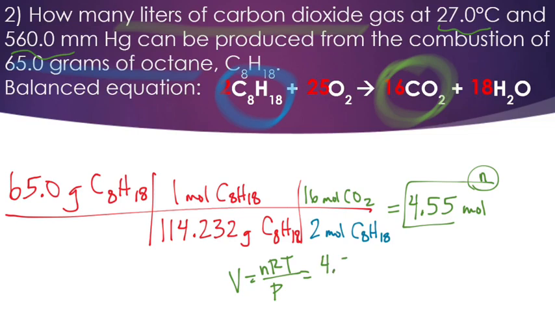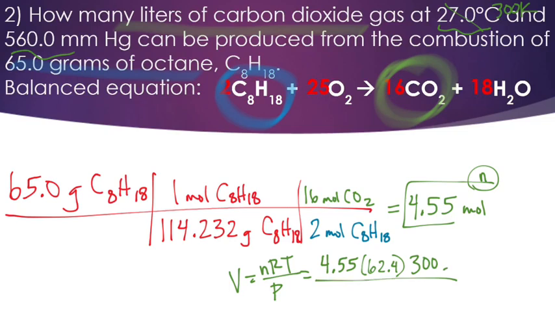So we're going to put that 4.55 in here. This time, because we had mmHg as our pressure unit, we need to use that 62.4 number as our R. And the 27 degrees Celsius is going to be 300 Kelvin. And then, where is our pressure?